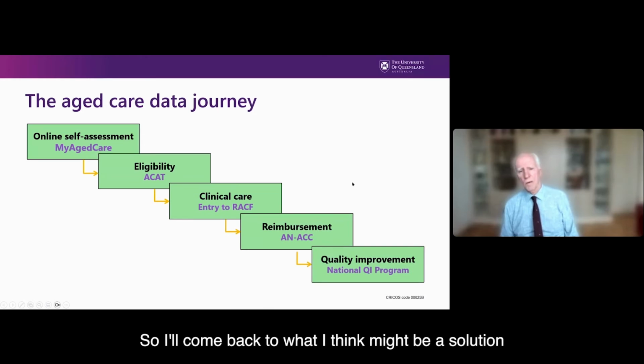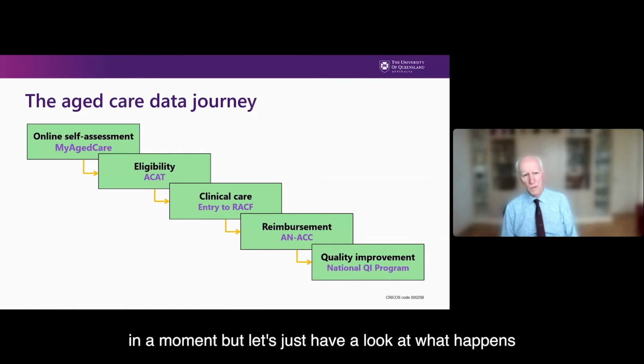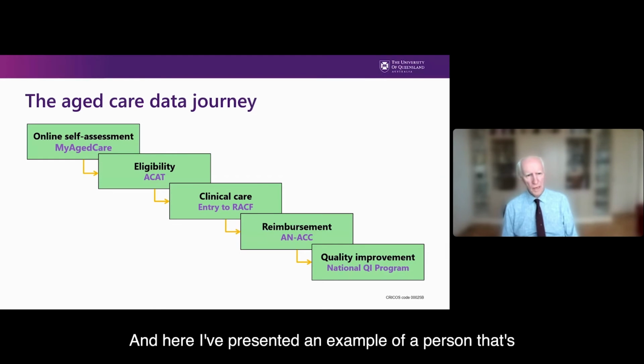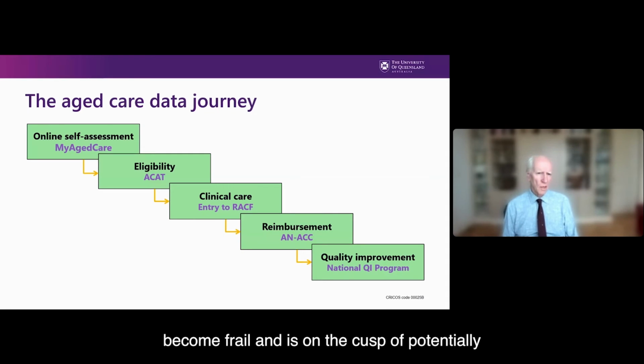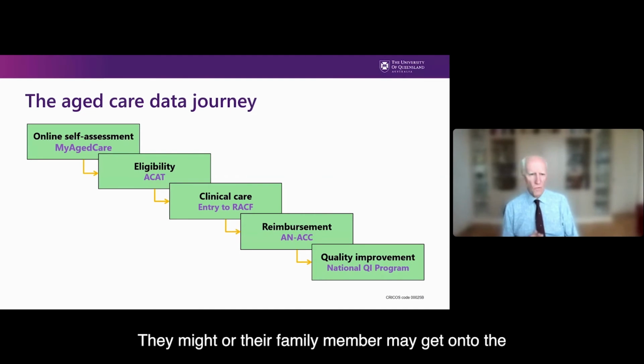I'll come back to what I think might be a solution in a moment, but let's just have a look at what happens in the aged care program in Australia. And here I've presented an example of a person that's become frail and is on the cusp of potentially requiring residential aged care. They, or their family member, may get onto the My Aged Care portal, and there is an assessment.